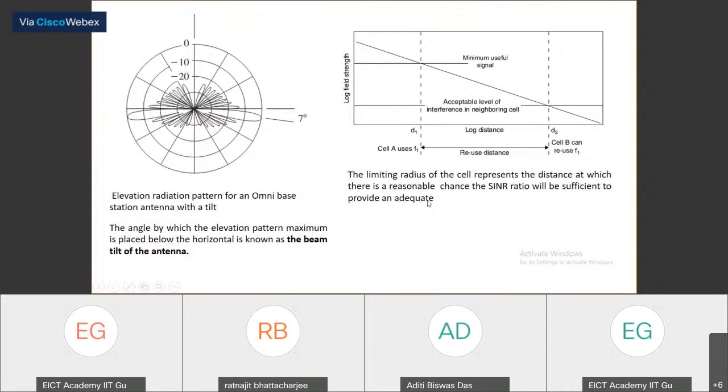Up to that distance, you get adequate coverage.